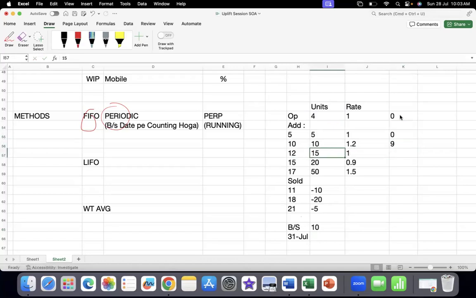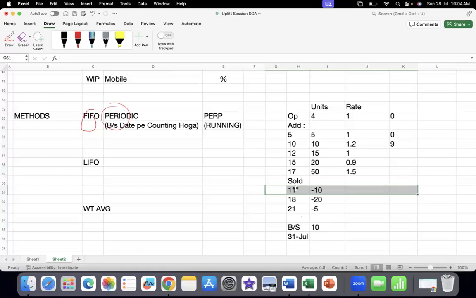And then the whole calculation takes place at balance sheet date. It is not going to happen the moment you sell it. For example, if you sell it on 11th, you don't have to recalculate the things. You only calculate at the end of the balance sheet. But if it is a perpetual method, on every sale, you have to recalculate the value of inventory.